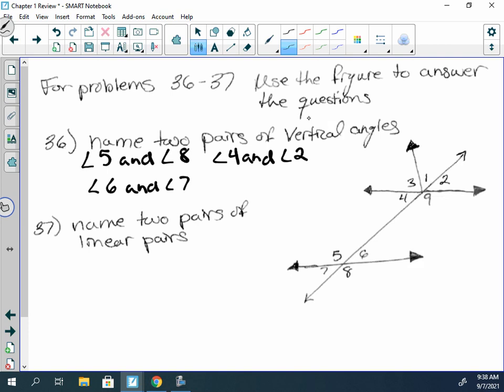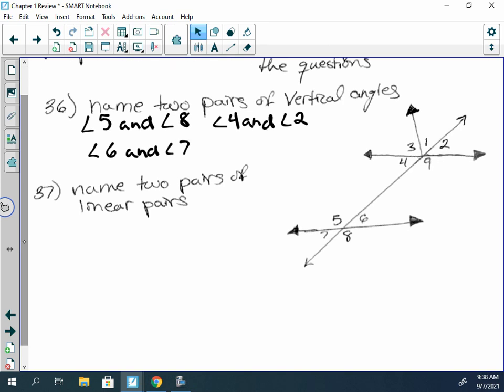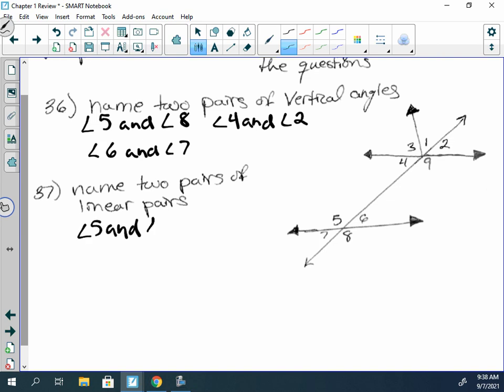Name 2 pairs of linear pairs. Well, 5 would be one, 5 and what? 5 and 7. We can also have 5 and 6. What else? 5 and 3 would not.